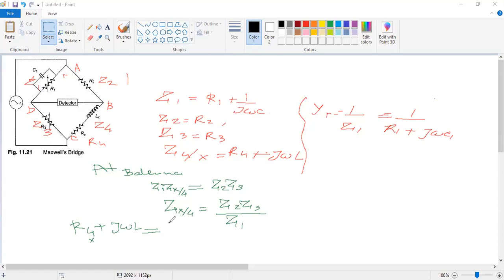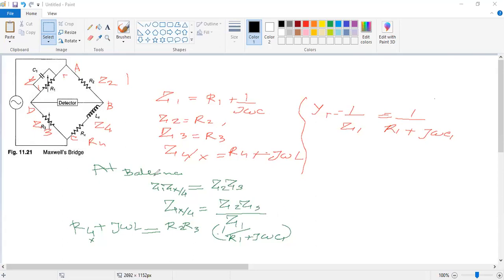Then it will come R2, R3, because Z2, Z3, now multiplied with 1 by R1 plus j omega C. j omega C became the upper side.